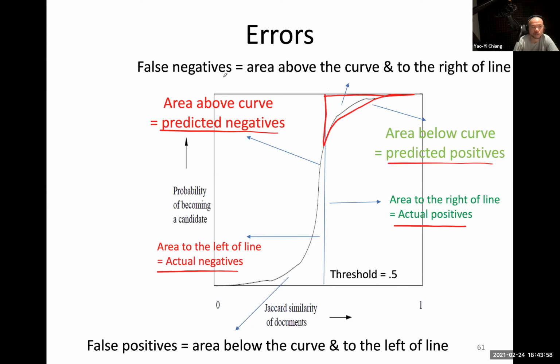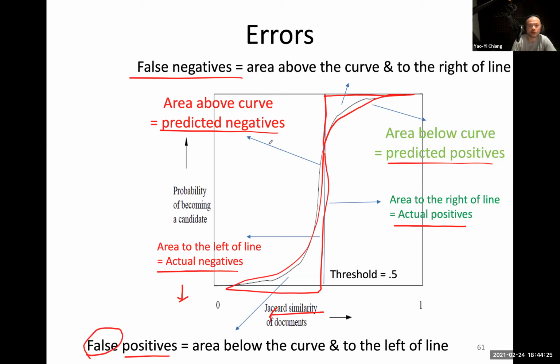So you are false negatives. To your left, these are because you are below the line, so you are identified as positives, right? Means you are candidates, but since you are to the left of our threshold, we don't care about you, so you are false positives.